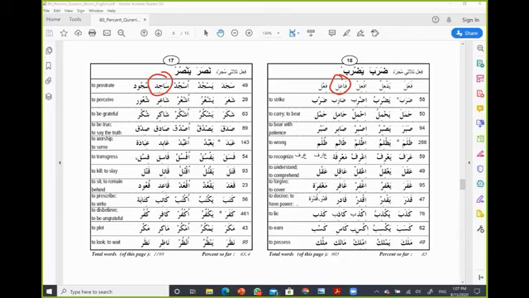All you need to do is simply add an a after the first letter of the root of the verb, and then make the third letter have a kasra, and then you will get the subject, meaning the person that's actually doing that particular action.